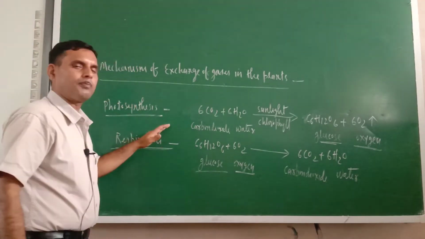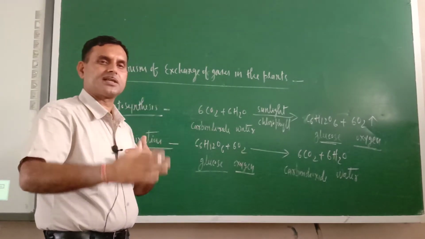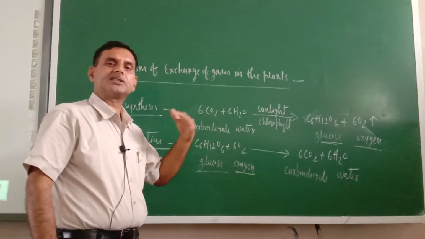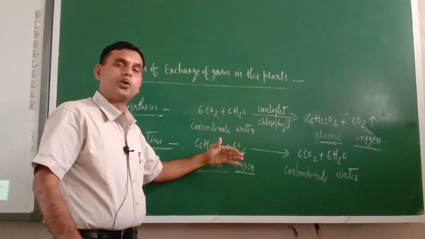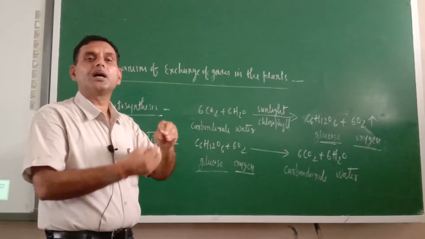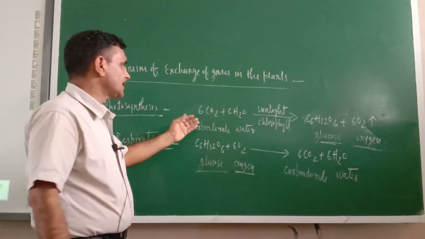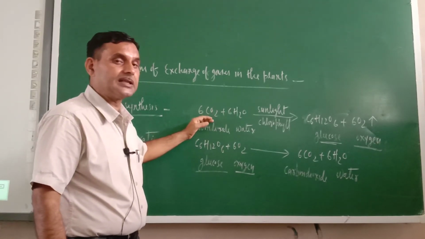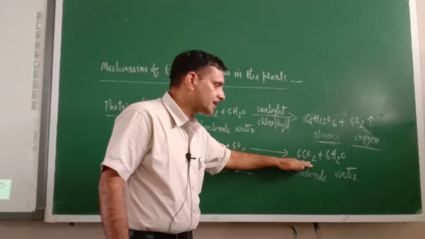And these two processes are the bedrock for the exchange of gases. Just see, in photosynthesis oxygen is evolved, and in respiration O2 is absorbed through the diffusion process. Similarly, in photosynthesis carbon dioxide is consumed, but in respiration it is released.